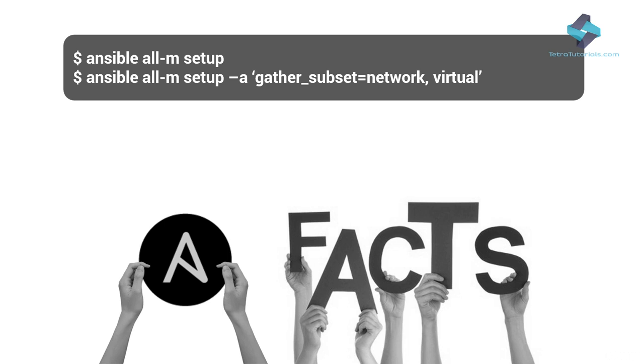We can do so by configuring a setting called gather_facts and set its value to false in the playbook. Once this is done, Ansible will not collect the facts while playing that particular playbook.